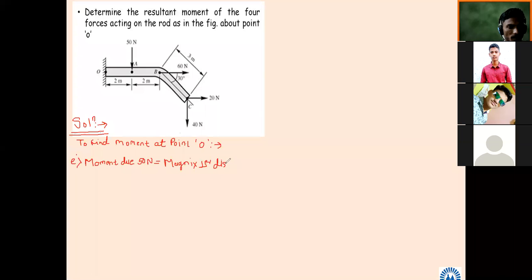What is the magnitude? 50 Newton. What about the perpendicular distance? Perpendicular distance between point O and line of action of the 50 Newton force. How much will it be? 2 meter. So what will be this product? 100. What will be its unit? Newton meter.